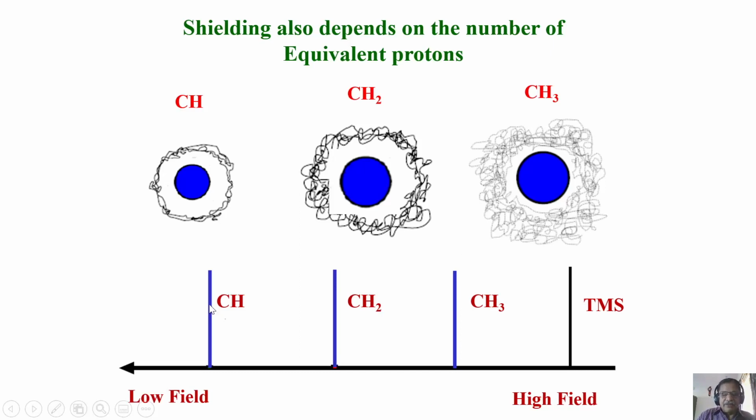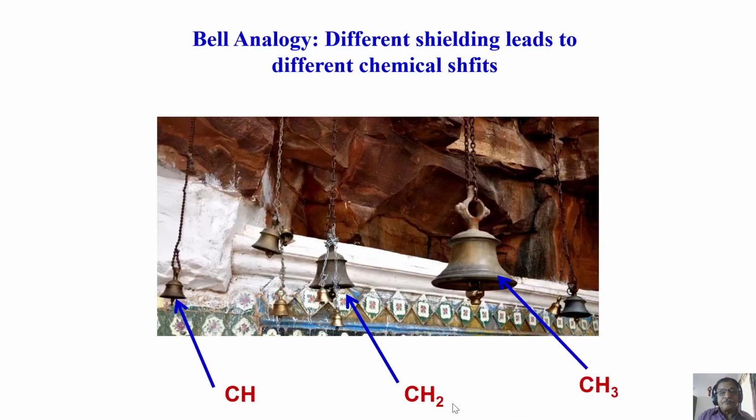That should be the case. Of course, the peaks are not of the same height. I made a crude diagram, just drawing three peaks to say that they come at different fields. We are not worrying about the intensity; that is a topic we'll discuss later.